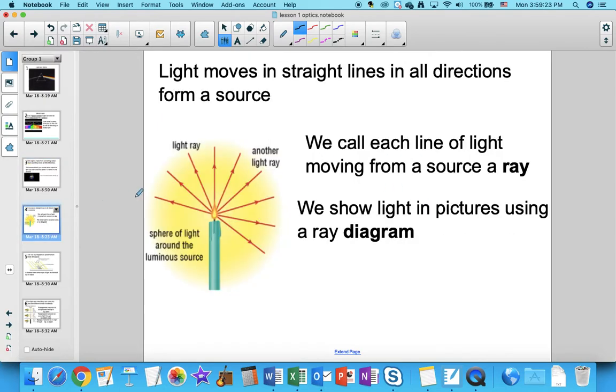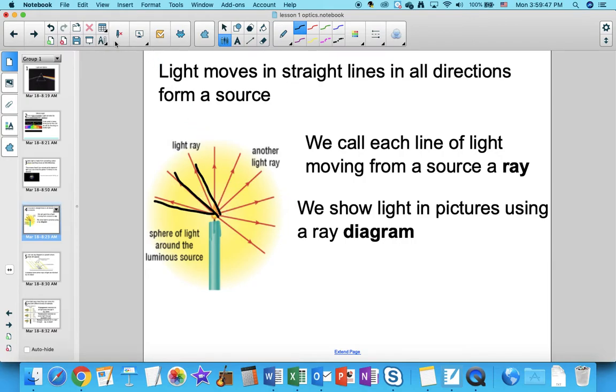Light moves in straight lines in all directions. When you have a light bulb, a candle, etc., light is moving out in straight lines in every single direction. We call each line that the light is making a ray. So when we look at this candle, light is coming off in this direction, in this direction, in this direction, and so on.